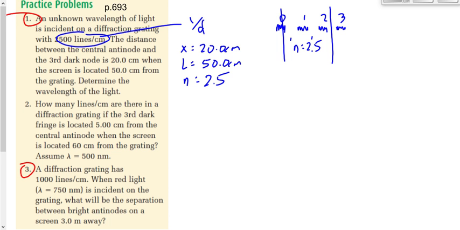We can get the value of D pretty easily, right? D is going to be 1 over 2,500, which is 4 times 10 to the minus 4, but remember that's in centimeters. So it becomes 4 times 10 to the minus 6 meters.